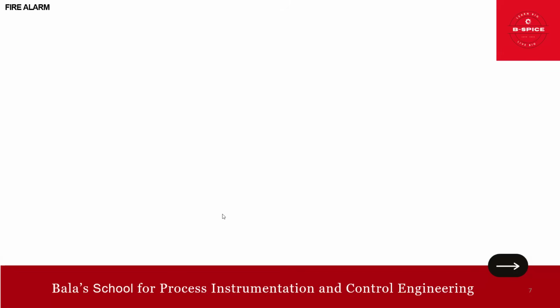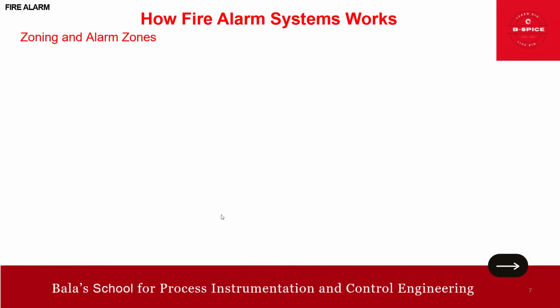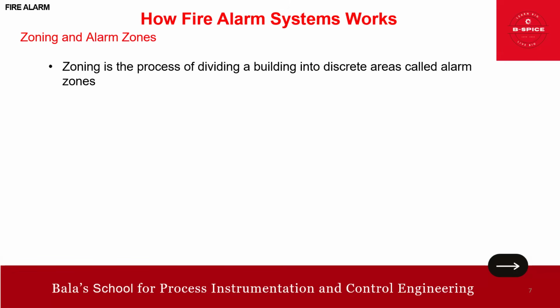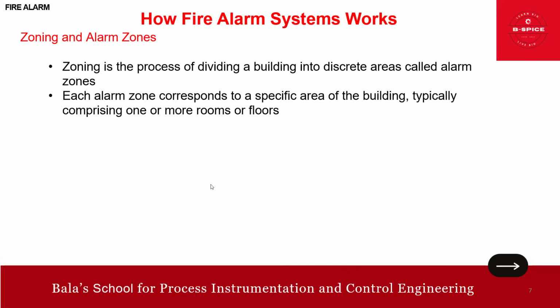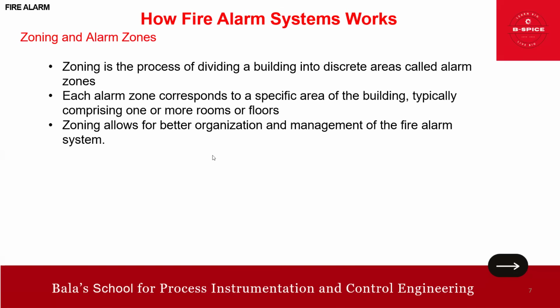Okay, good. Now, a few more to add on how the fire alarm works: zoning and alarm zones. Zoning is the process of dividing a building into discrete areas called alarm zones. Each zone corresponds to a specific area, typically comprising one or more rooms or floors.